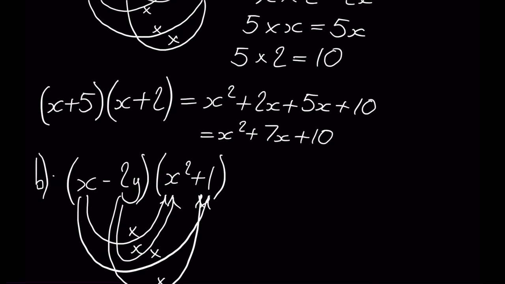Okay, so x times x squared, we can again use index laws. We get x raised to the power 1 plus 2, which is x cubed. And then for x times 1, it's x.